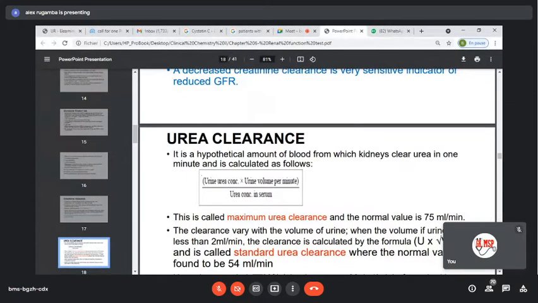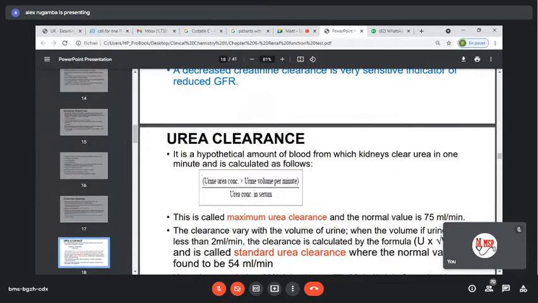So you take urine urea concentration times urine volume per minute, and you divide by urea concentration in serum, and then you get urea clearance.